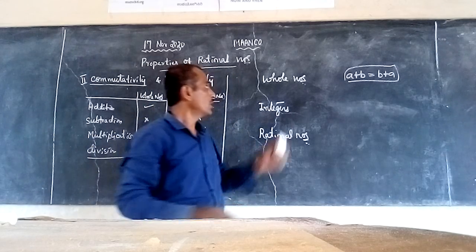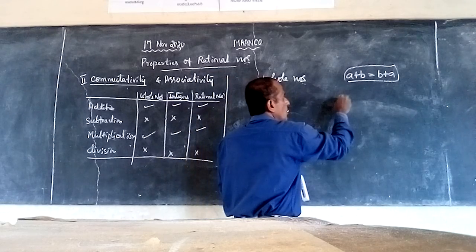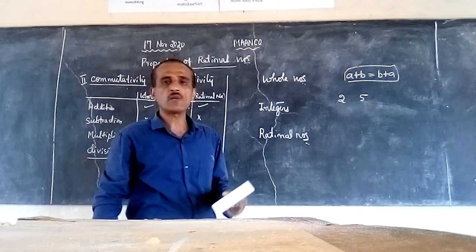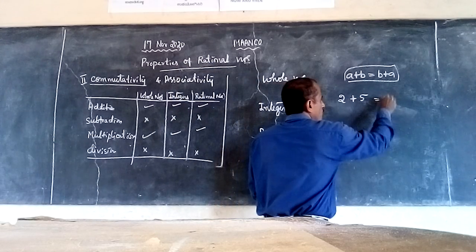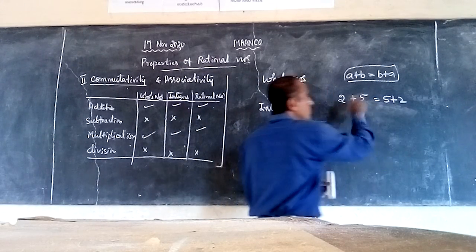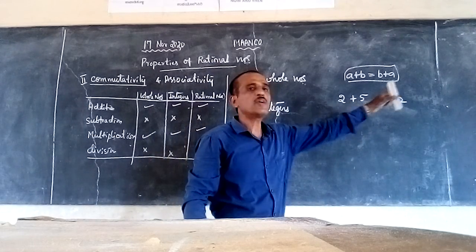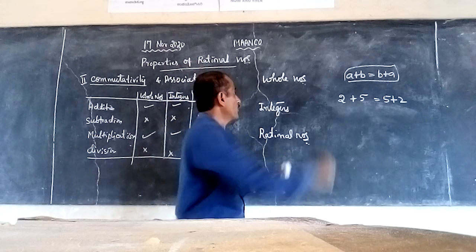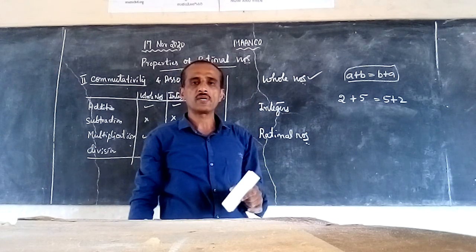Let us take two whole numbers, say 2 and 5, as a and b. 2 plus 5 is equal to 7. 5 plus 2 is also 7. Therefore, addition is commutative for whole numbers.